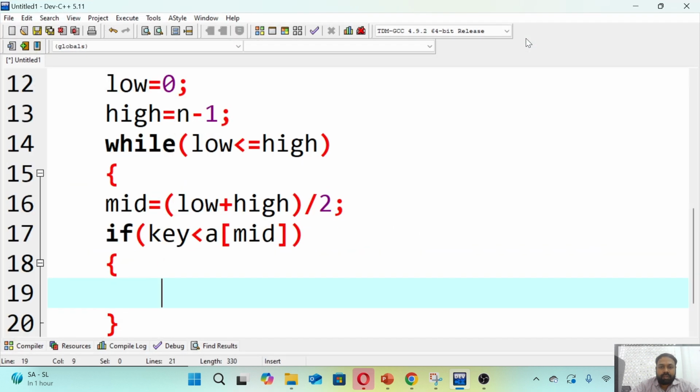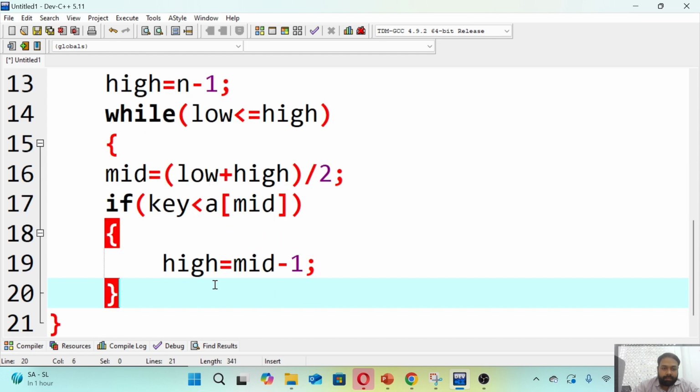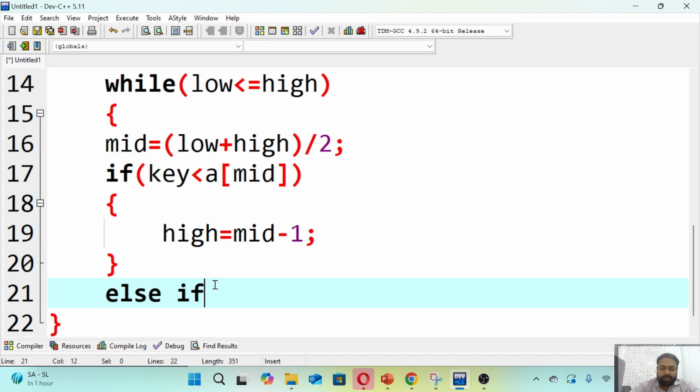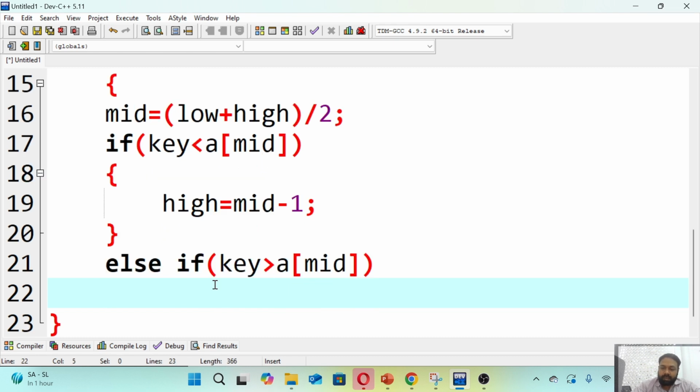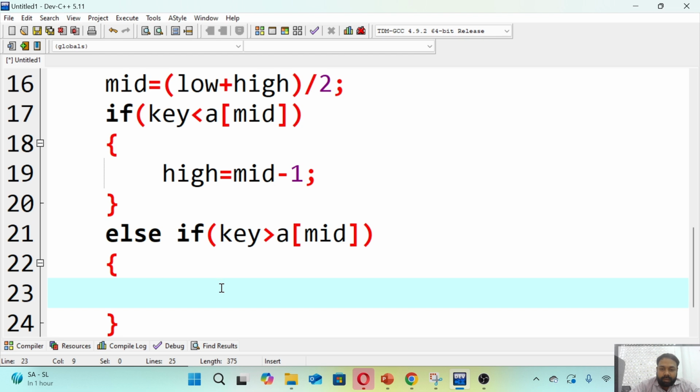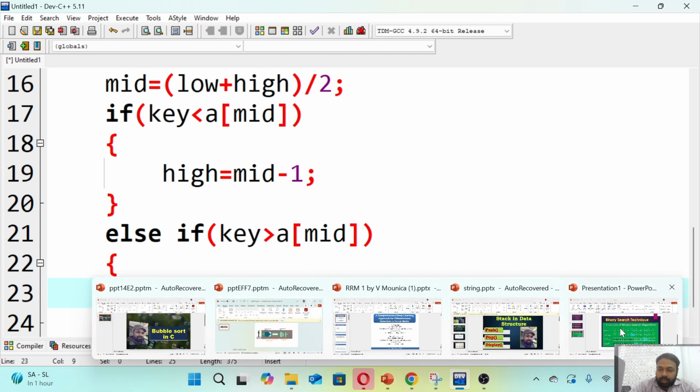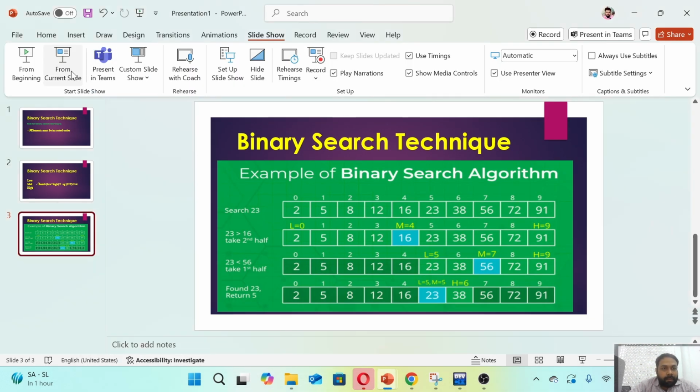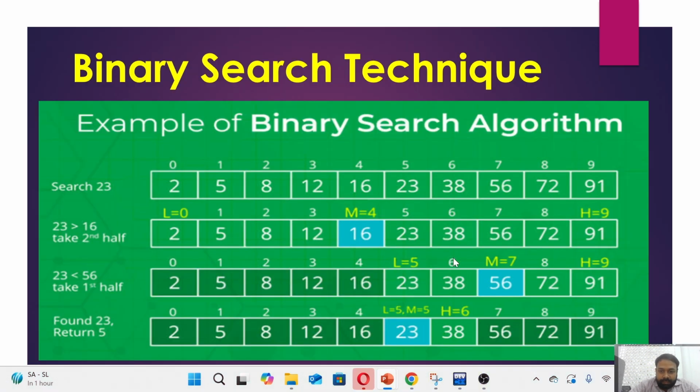Now let me get back to this. If the key element is less than a of mid, high is needed at that place: high equals mid minus 1. Else if key is greater than a of mid, you are looking at the second half. In the second half, you observe in the diagram also, high is there, but low is not there, so low equals mid plus 1.